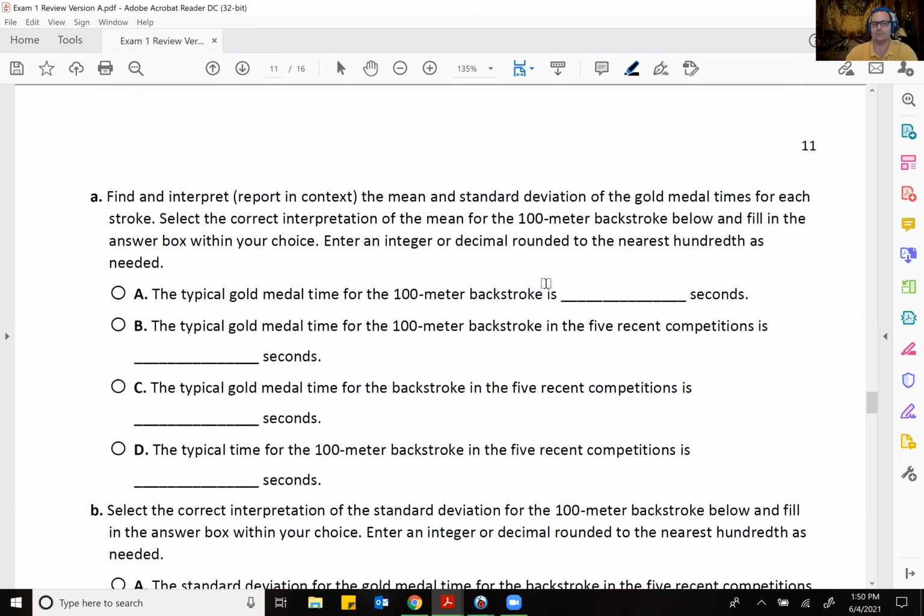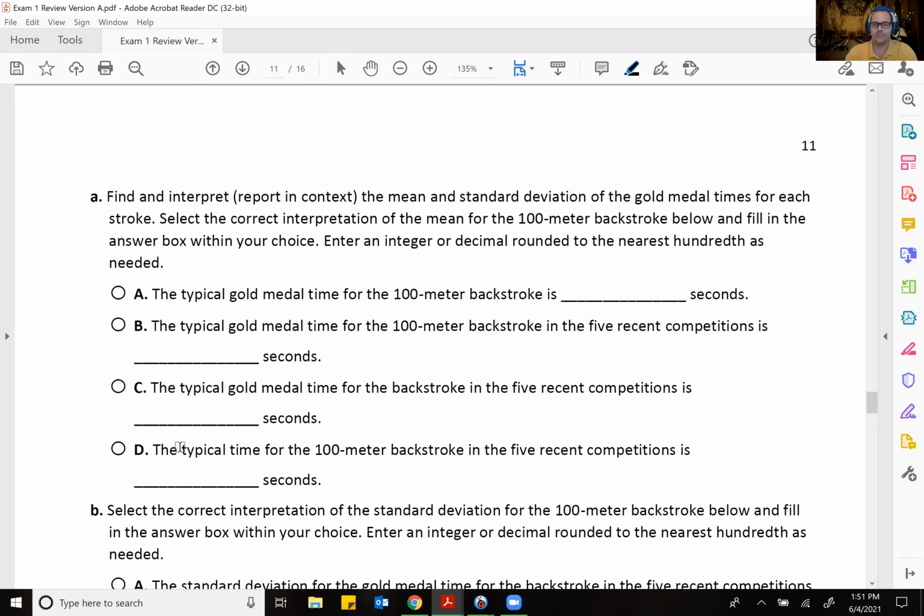That's why A is out. And C says the typical gold medal time for backstroke in 5 recent competitions. This is saying all backstroke competitions, because there's more than just the 100-meter backstroke. Does that make sense? That's why we have to throw this out, because our data is specifically about 100 meters.